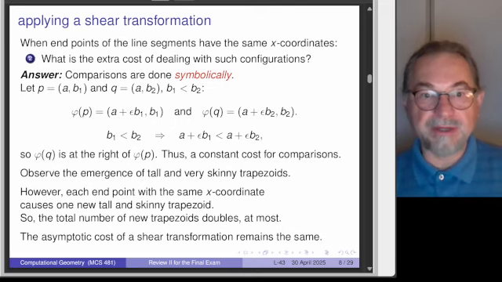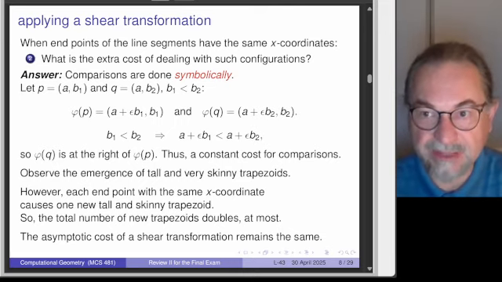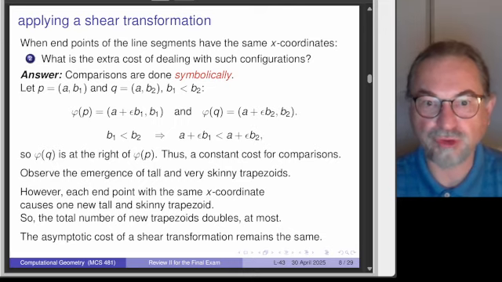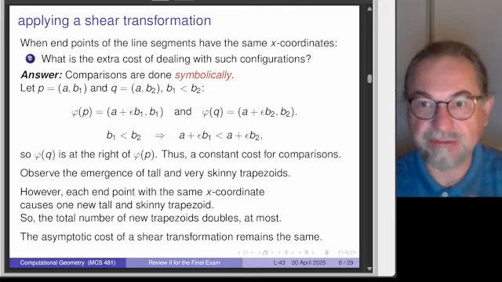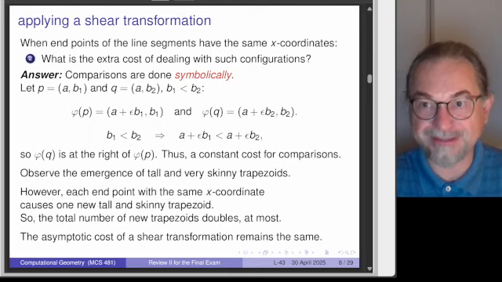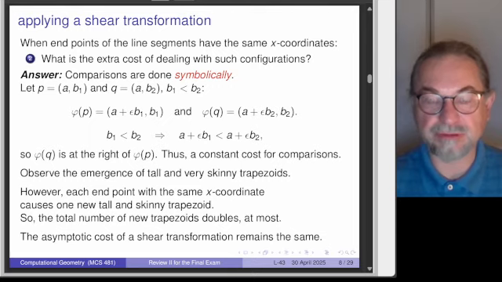Now, you may be concerned with the emergence of many tall and very skinny trapezoids, but observe that you indeed get more trapezoids, but the total number of new trapezoids doubles at most. You could also see this with the example. We only have, for every point for which we have the same x coordinate, one extra trapezoid.